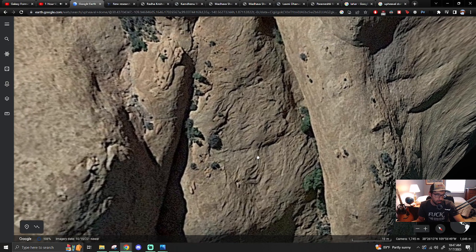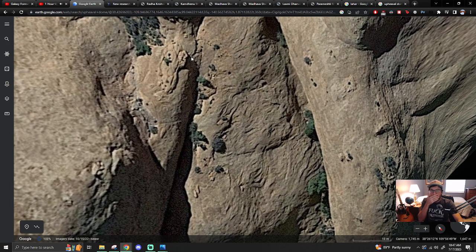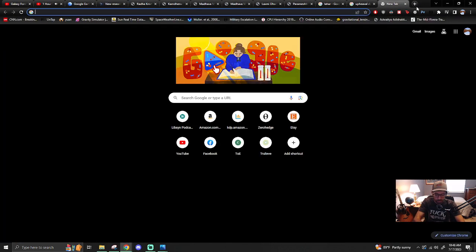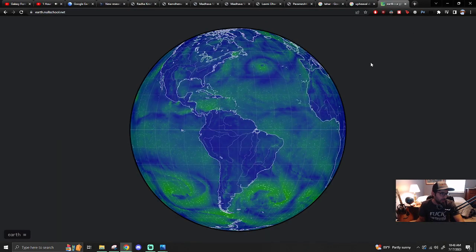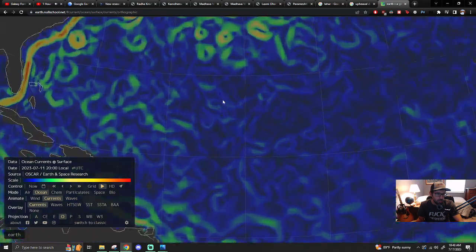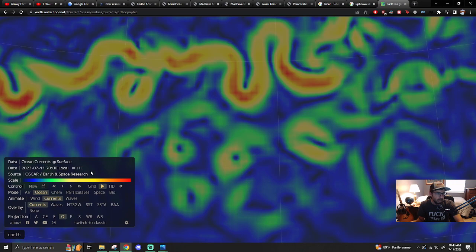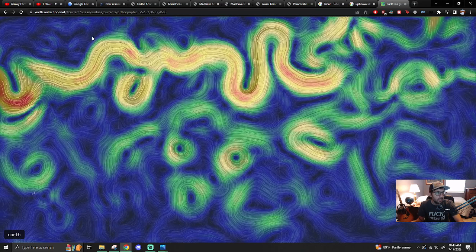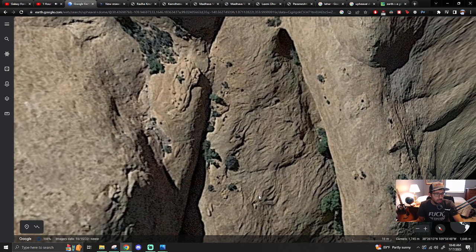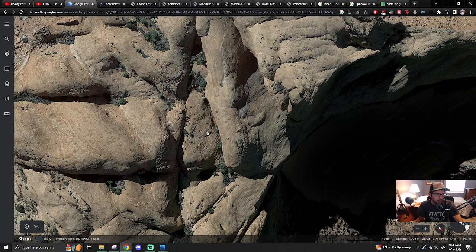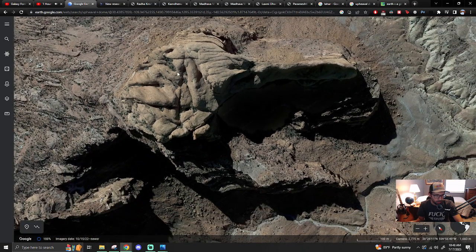That even looks like current flows, like in the ocean. Like a current went up and came back, maybe.